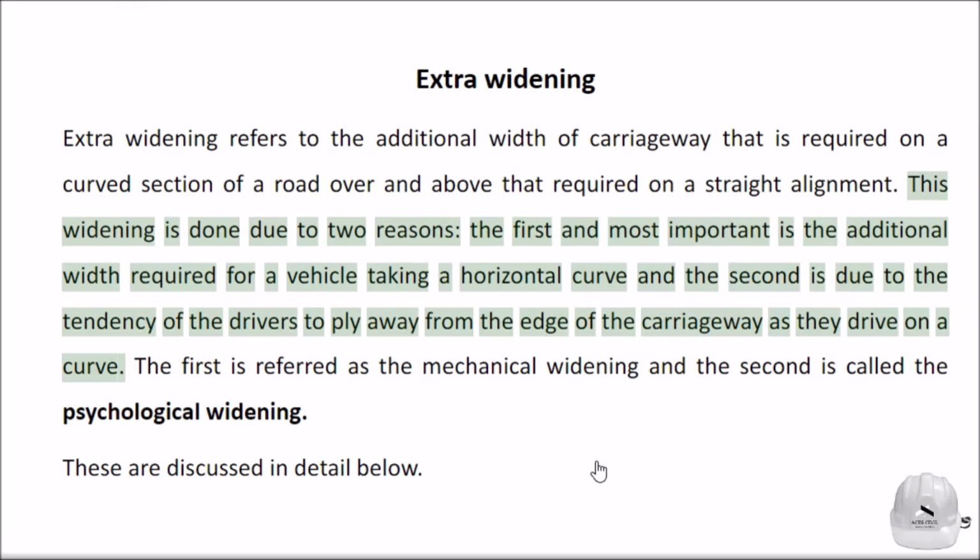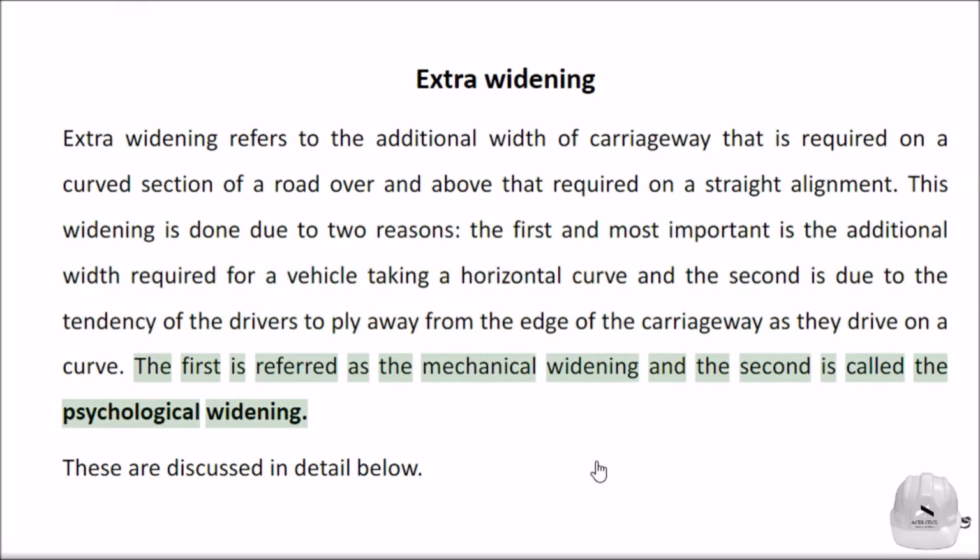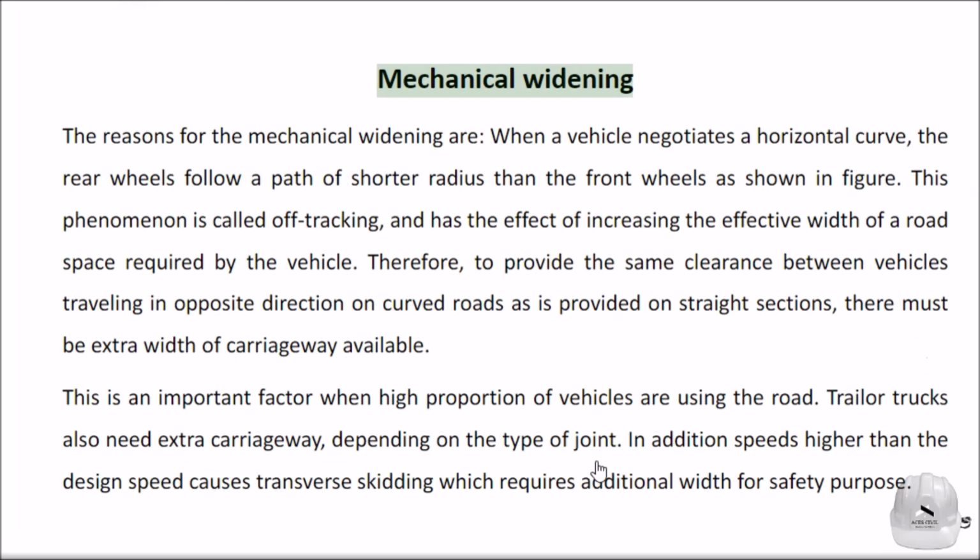The first and most important is the additional width required for a vehicle taking a horizontal curve, and the second is due to the tendency of the drivers to ply away from the edge of the carriageway as they drive on a curve. The first is referred to as the mechanical widening and the second is called the psychological widening. These are discussed in detail below. Mechanical widening.